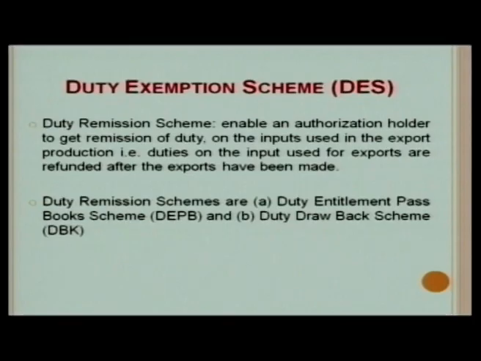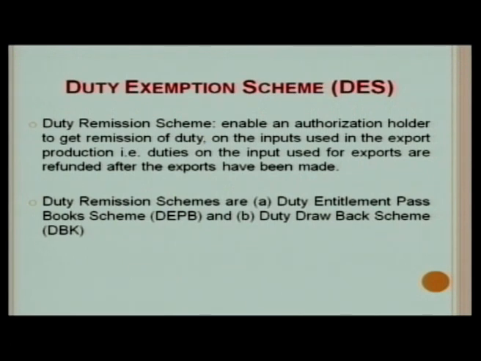And another one is the duty remission scheme, which enables an authorization holder to get remission of the duty on the inputs used in export production, that is, duties on the inputs used for exports are refunded after the exports have been made.